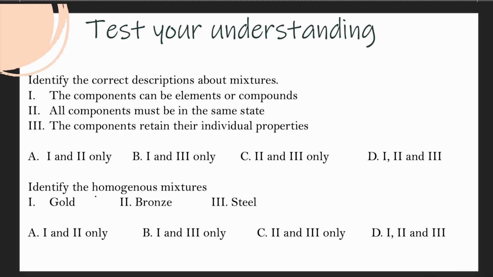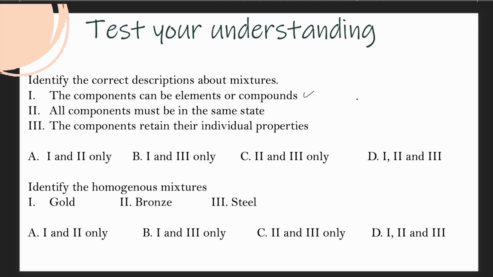Identify the correct descriptions about mixtures. The first one, the components can be elements or compounds. Second one, all components must be in the same state. The third one, the components retain their individual properties. So, the components can be elements or compounds, correct.